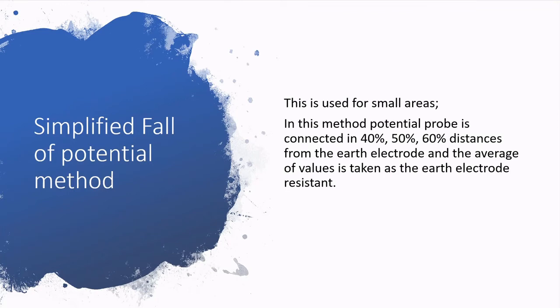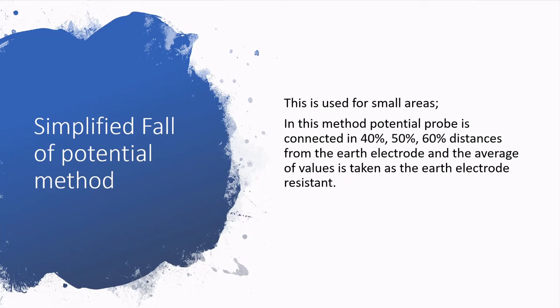Okay, here we come to the simplified fall of potential method. Earlier we took the measurement at 62% point from our earth electrode.